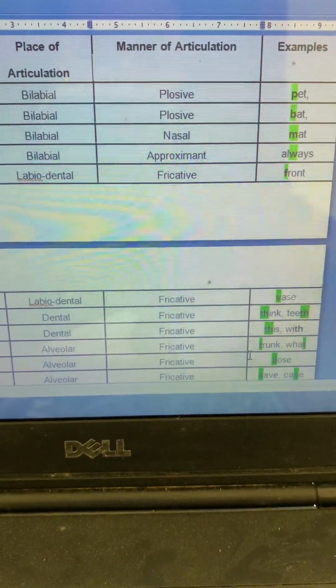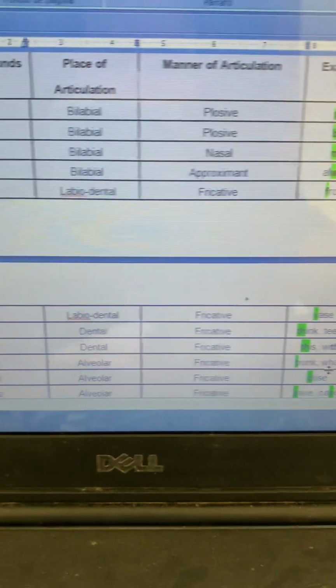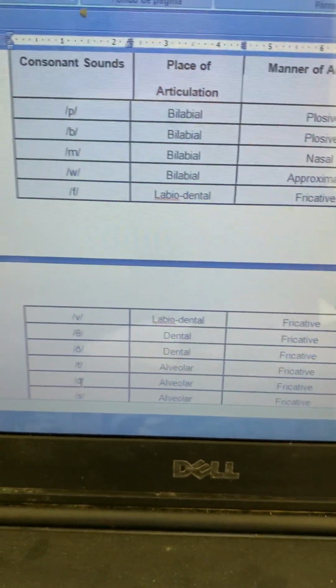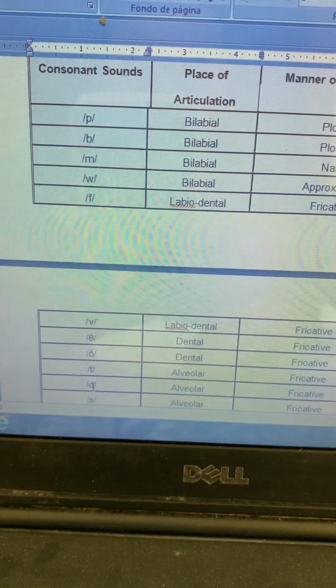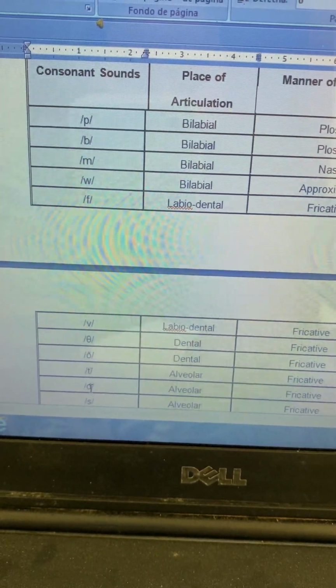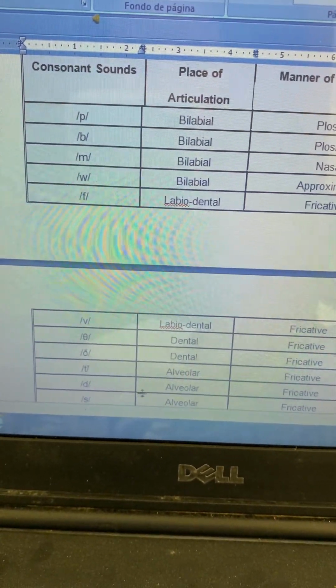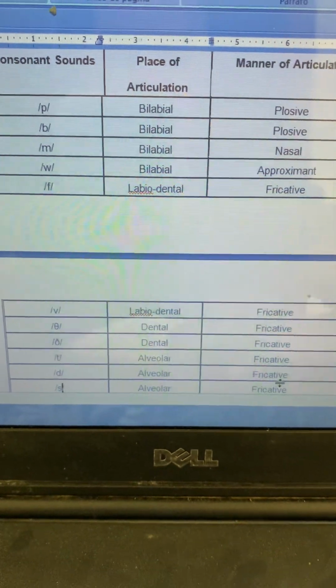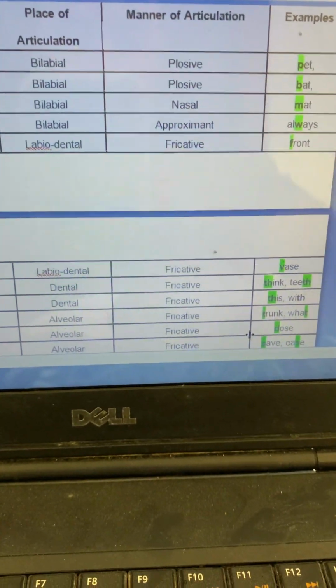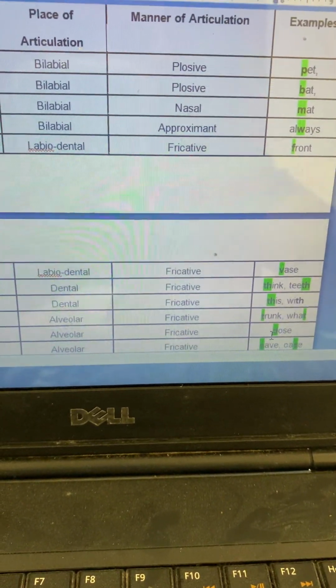For example, trunk, what. And here we have the consonant D, which is voiced, alveolar, fricative. For example, those.